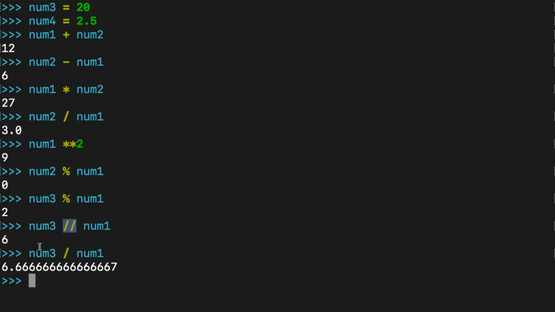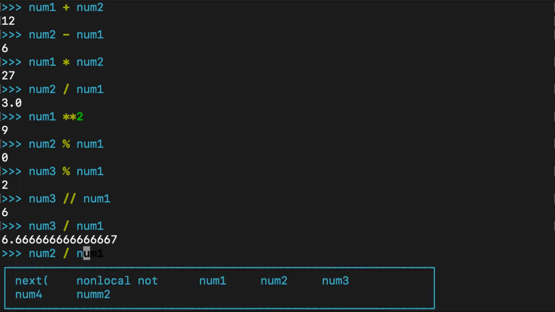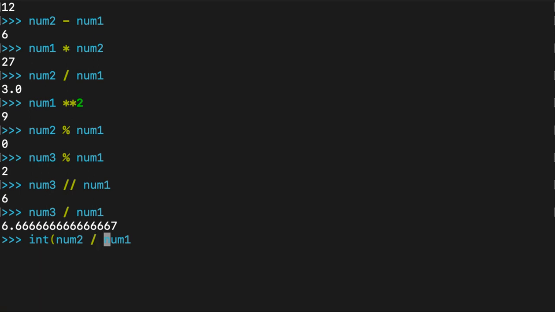And finally, casting is the next concept that we want to make sure that we understand. If I'm just going to revisit my num2 divided by num1 operation up here, and instead of doing that regular division, I am going to put int out the front of my operation, and int is short for integer.